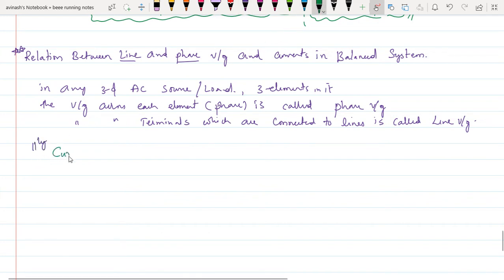Currents in the elements are nothing but phase currents.